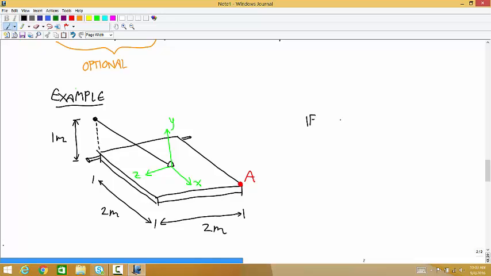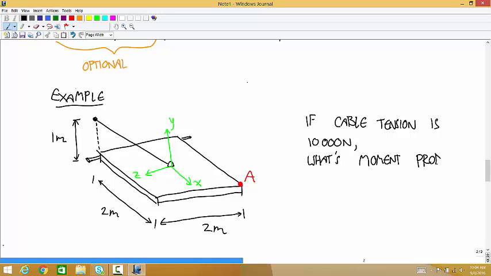So if the cable tension is 10,000 newtons, what's the moment produced by the cable on the plate? So we're isolating that plate about that point A.